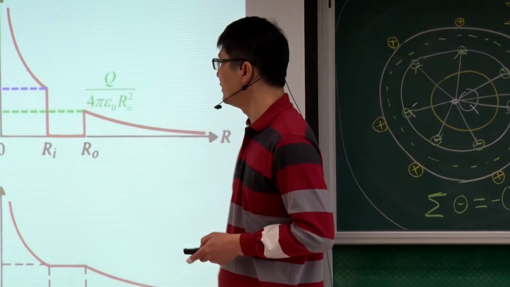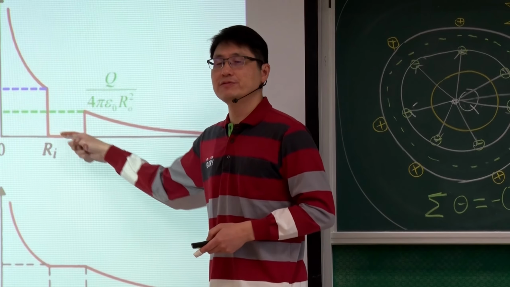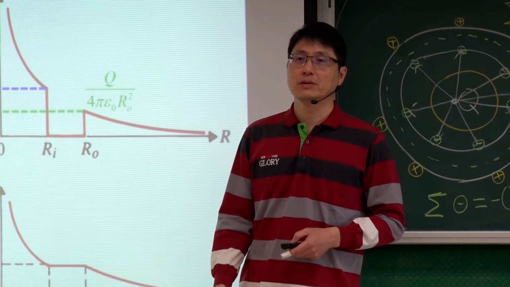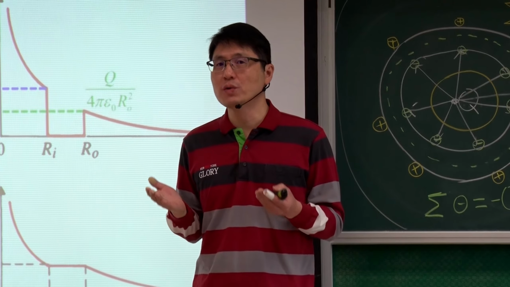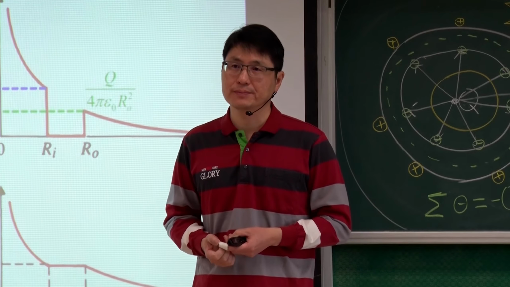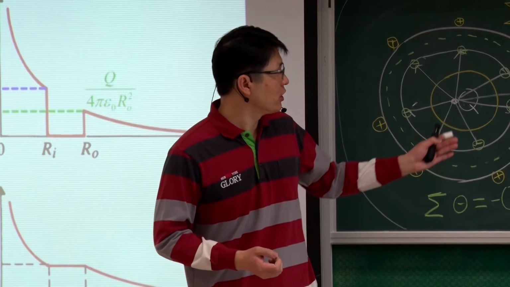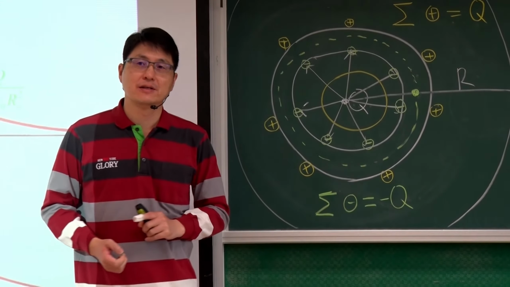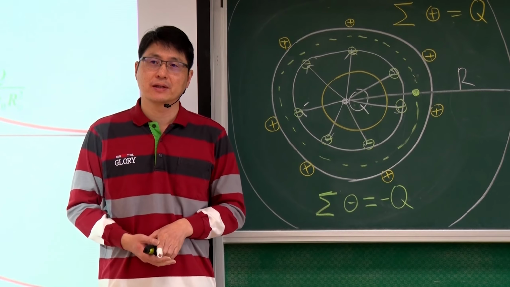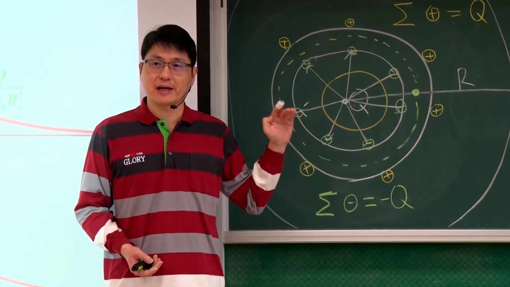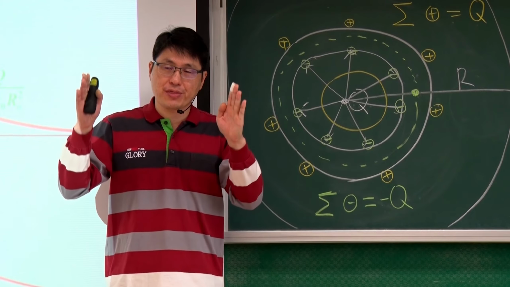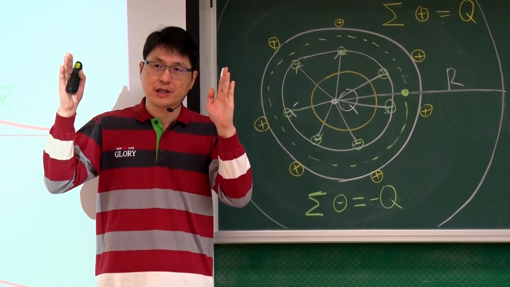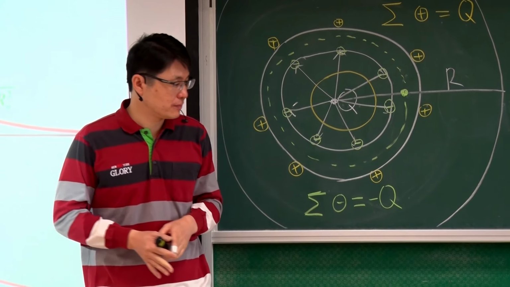And in this case, indeed, there is no field within the metal. But why is there no field inside the metal? Take a good look at the picture I drew. Take a good look at the induced charges on both metal-air interfaces.